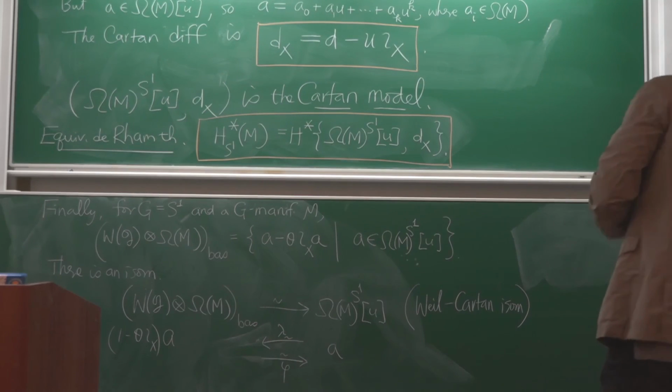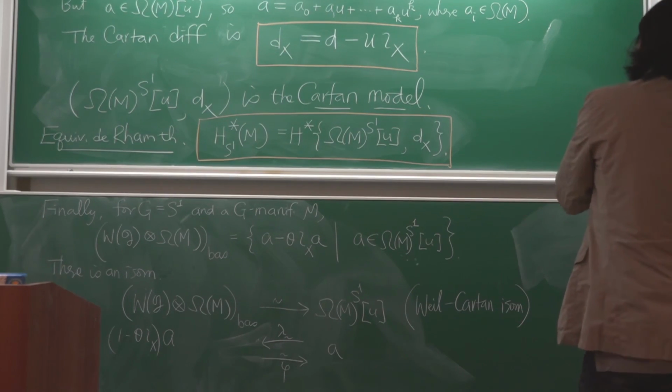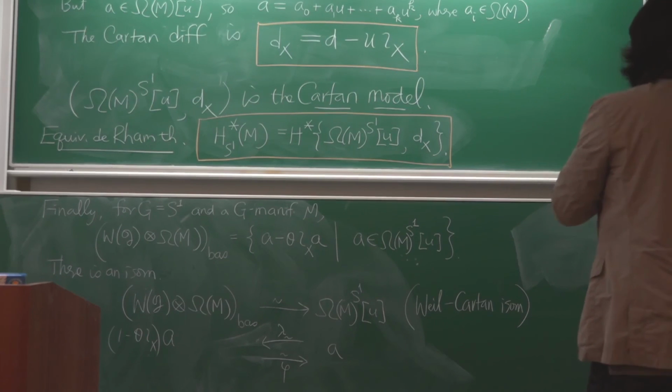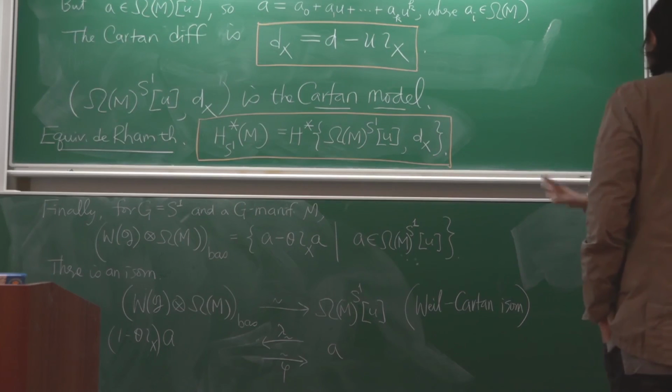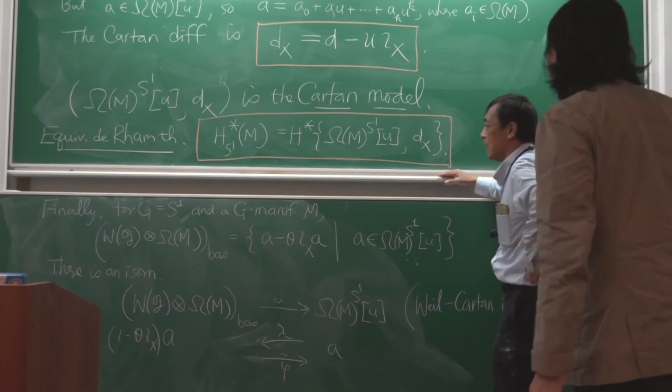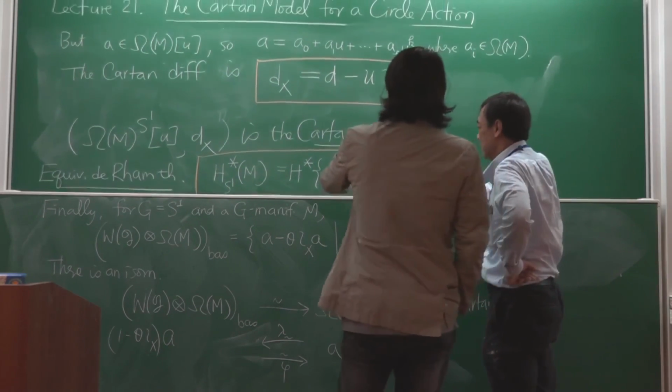Is it possible that this differential is independent of the choice of x? Yes. This particular formula depends on the choice of x, but you can define it so that it's independent, using the dual.